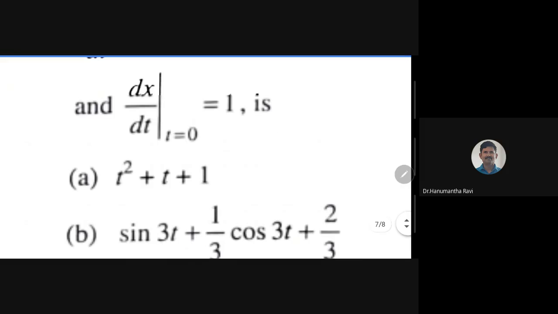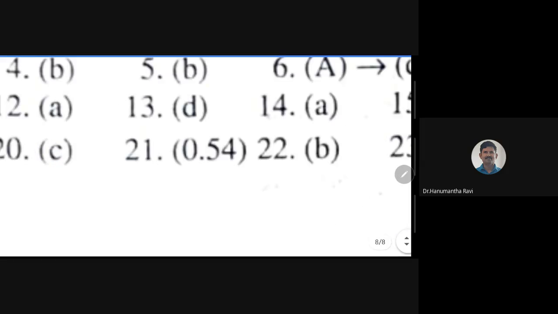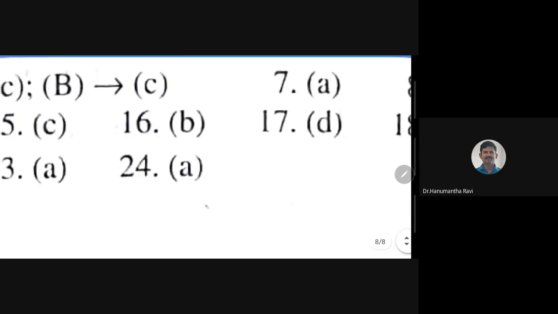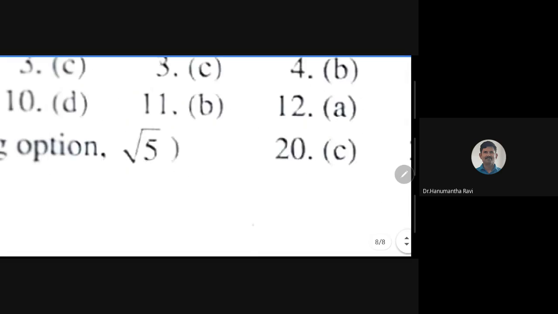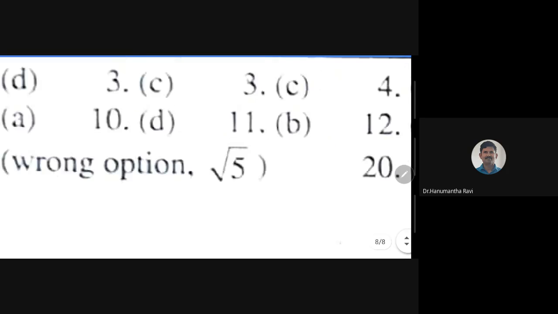So for example, the 19th question. The wrong option, root 5, he says. How can it be root 5?